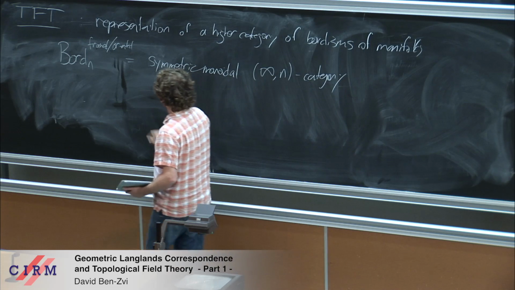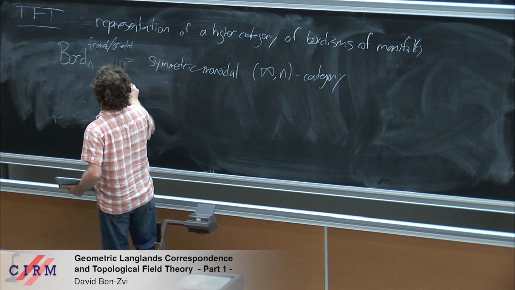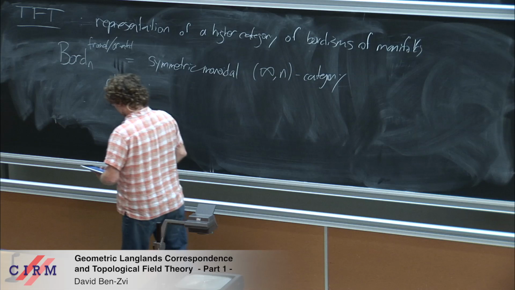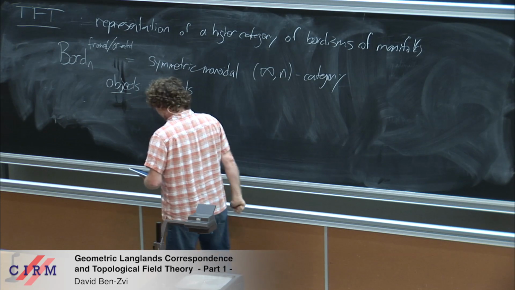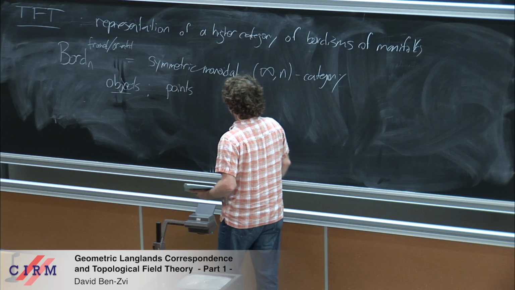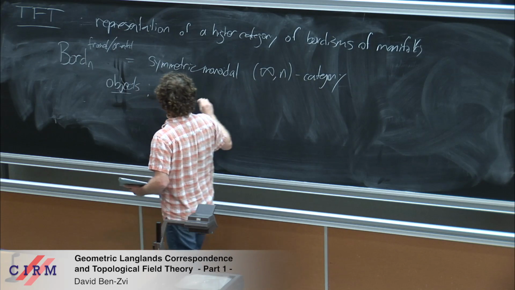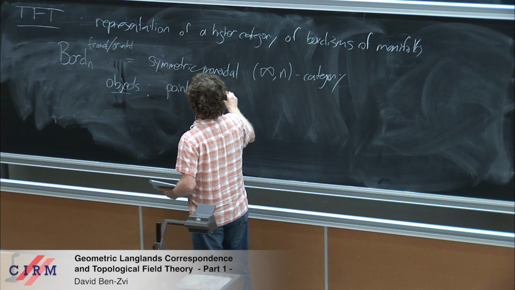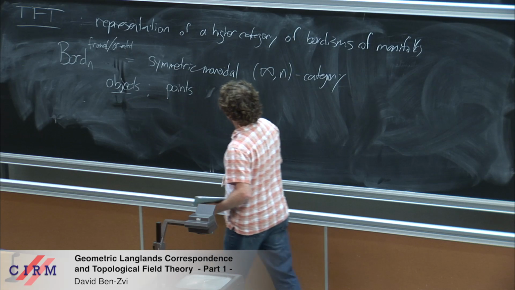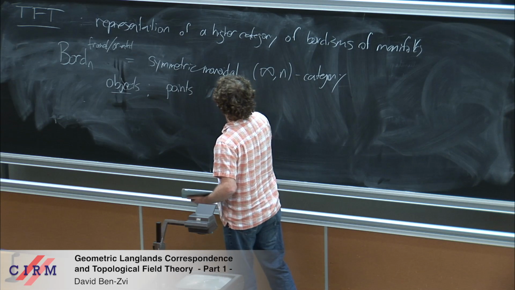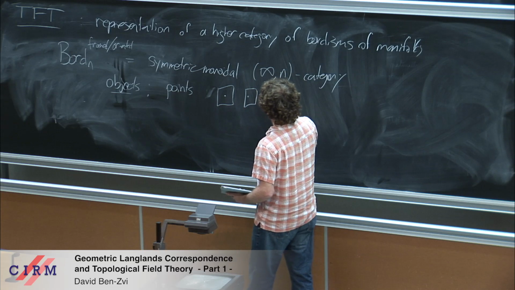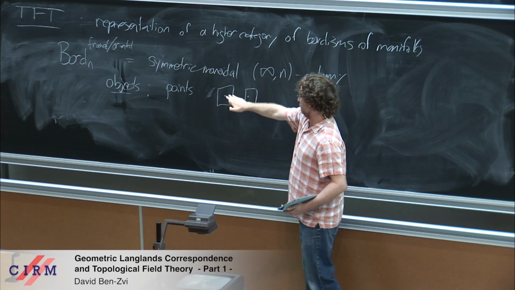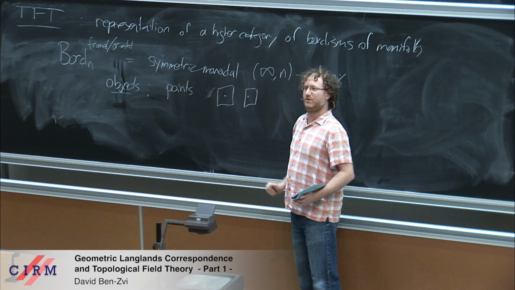So first of all, what are the objects? The objects of this category are going to be points, so zero manifolds. But the way they remember this structure is that I take this zero manifold and give it a frame, an n-dimensional tangent bundle. So I look at the stable n-dimensional tangent bundle, just a trivial rank n bundle over this zero manifold.